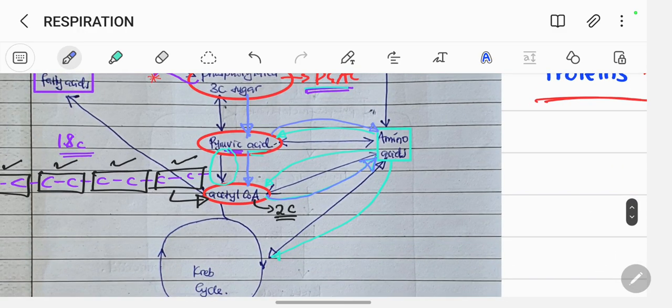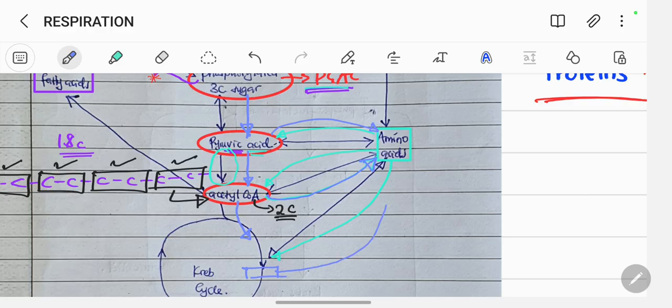Then we can even wait until this acetyl-CoA enters the mitochondria and into the Krebs cycle, and we pick one molecule from there, maybe succinic acid or alpha-ketoglutarate, malate, oxaloacetic acid, or succinate.